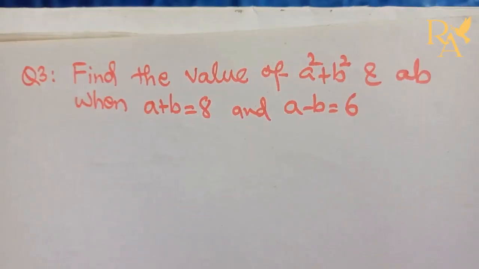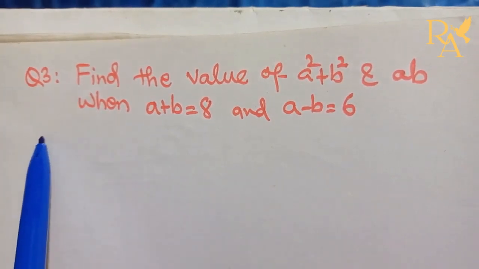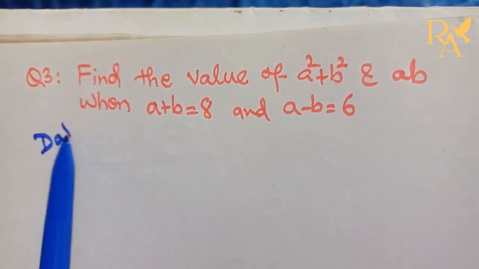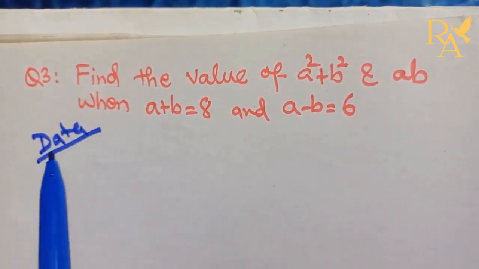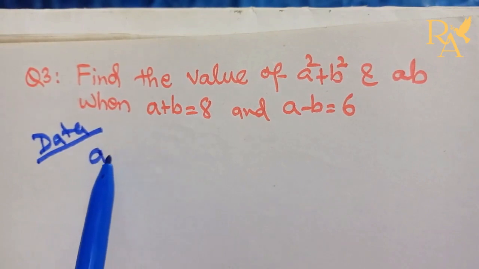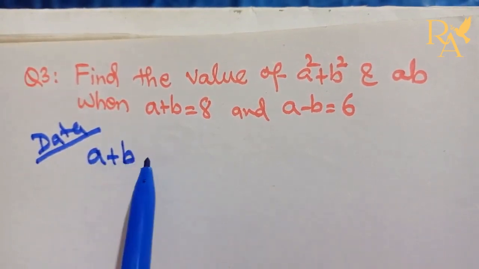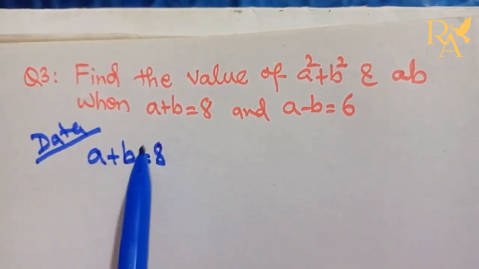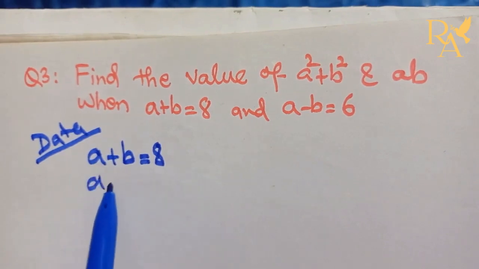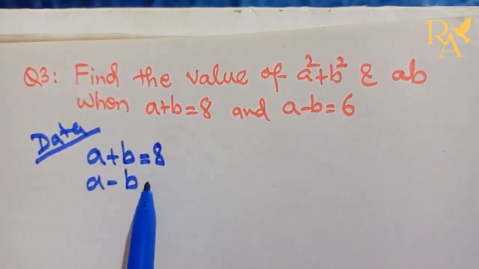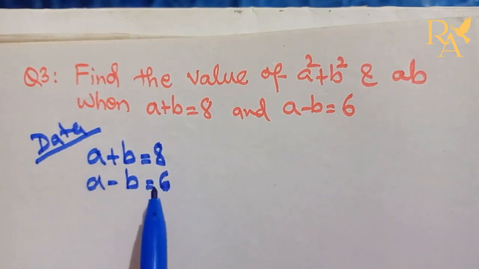What is the value of the given data? So what is available in this data? Data is: A plus B is equal to 8 and A minus B is equal to 6.